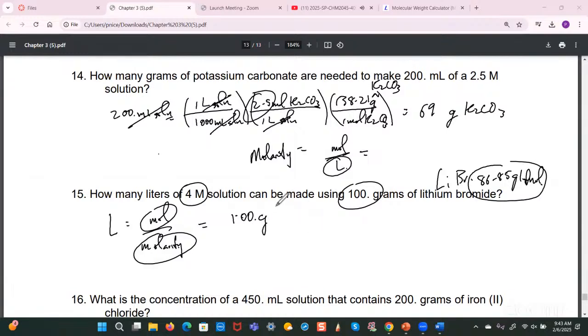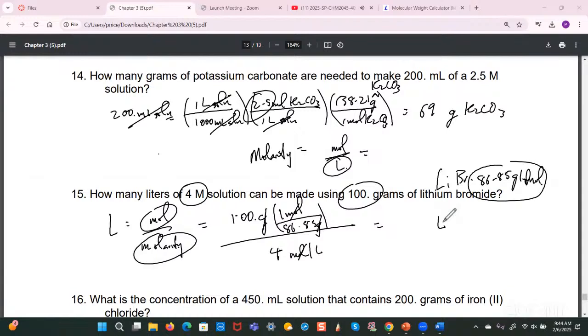And then, what do we multiply this by? 1 mole over 86.85 grams. And then we divide that by the molarity, which is 4 moles per liter. So the gram units will cancel out, the mole units will cancel out, so the final units you're going to end up with is liters.